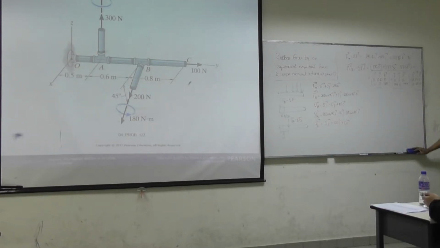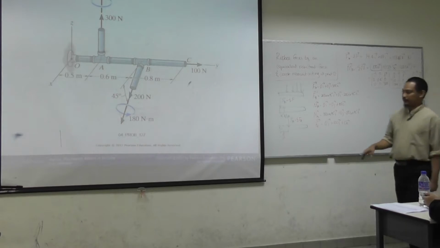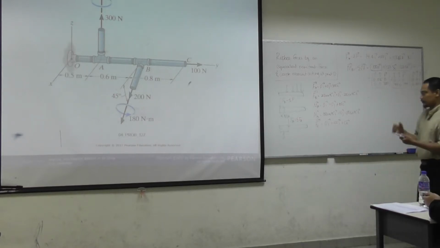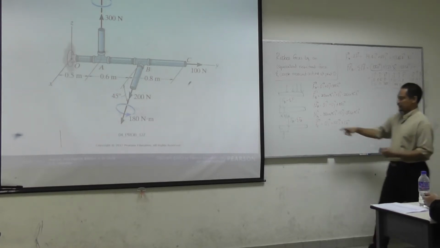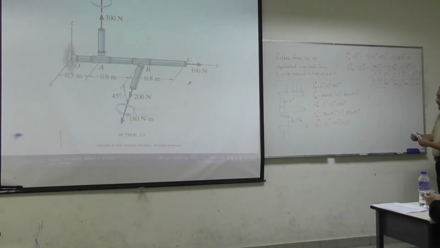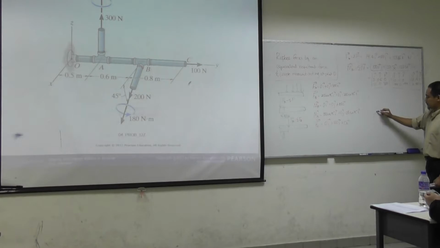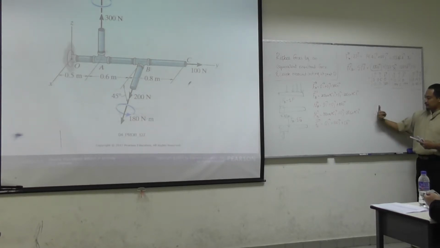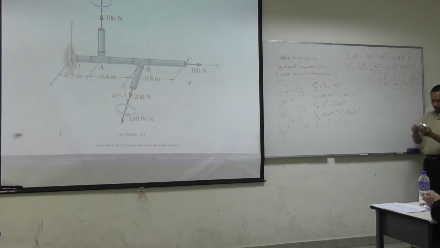Another thing, because we haven't learned how to draw yet: the way we draw moment in 2D is just like this, but the way we draw moment in 3D is something like this. Meaning you have to draw both the thumb and the fingers. This is the thumb and this is the rotation of the fingers. So you cannot draw force and then suddenly moment here.